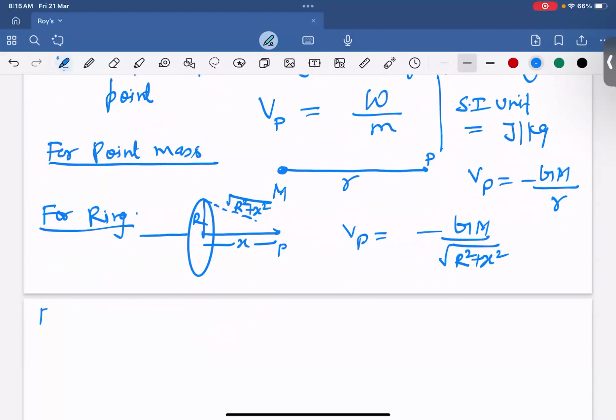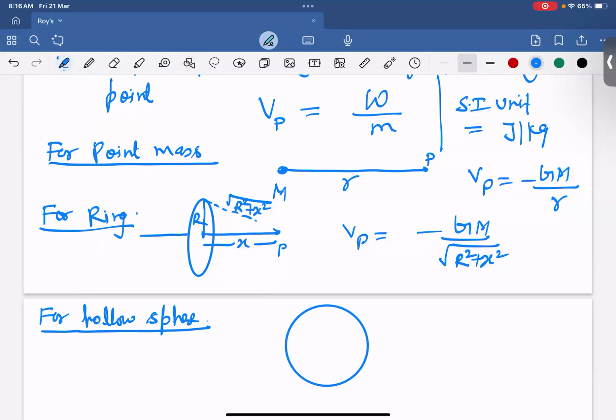If you have a hollow sphere, then you have a few inside points and a few outside points. For the inside, there are three things.